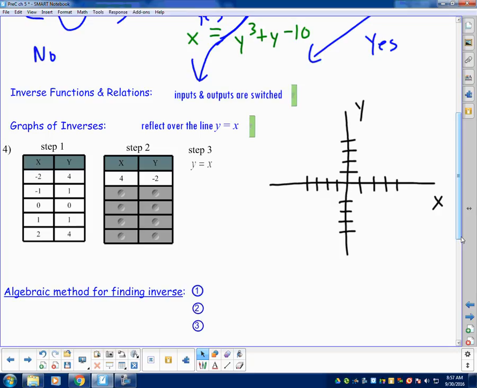Two different colors here. So -2, 4. 0, 0. 1, 1. 2, 4.